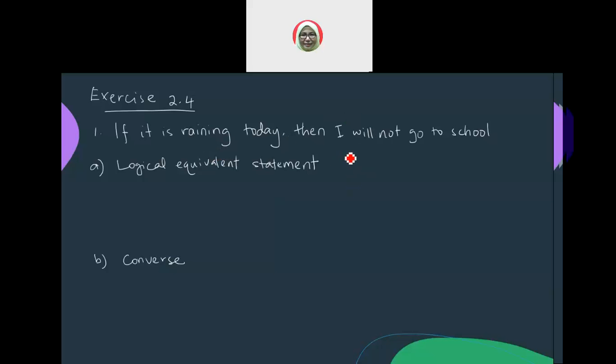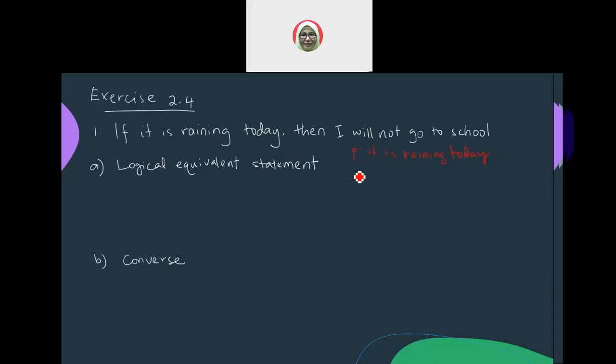the simple statements. Here in this conditional statement, there are two simple statements. I would like to define P for the first simple statement: it is raining today.